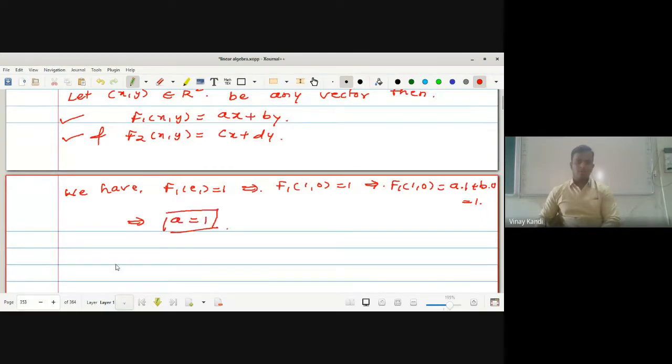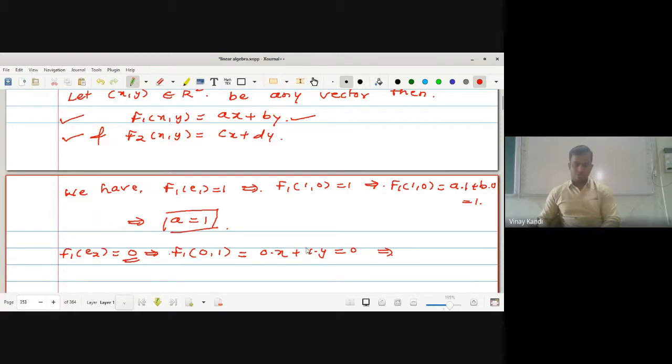1. Okay. Now similarly, f1 of E2 is equal to what? 0. So this implies f1 of (0, 1). What is E2? (0, 1). Now put 0 instead of x and 1 instead of y in f1. Okay, so what do we have?